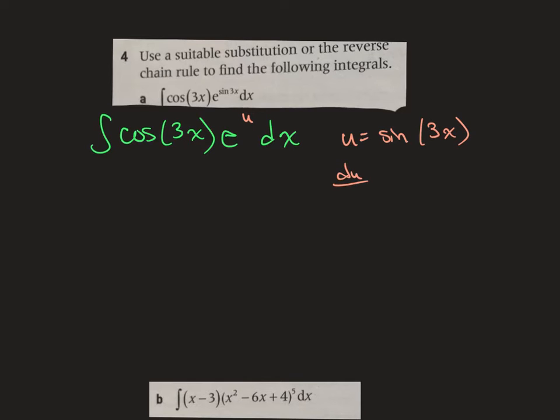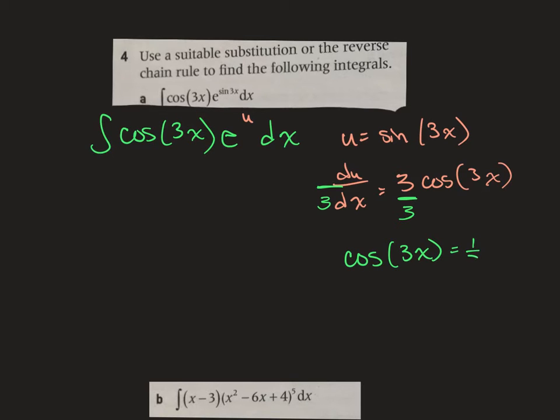Then du/dx is going to be 3 cosine of 3x. And then this time, we're going to try a little bit different. We're going to divide by 3. And so we need a 3 down here. So we're going to get that the cosine of 3x is equal to 1/3 du/dx.